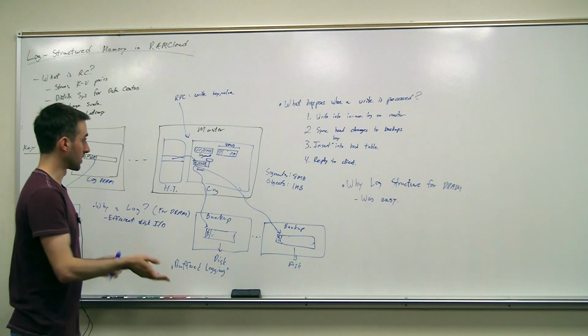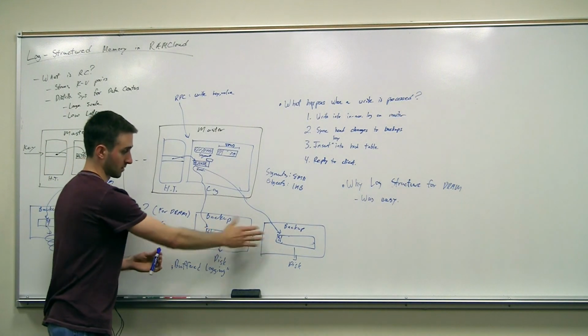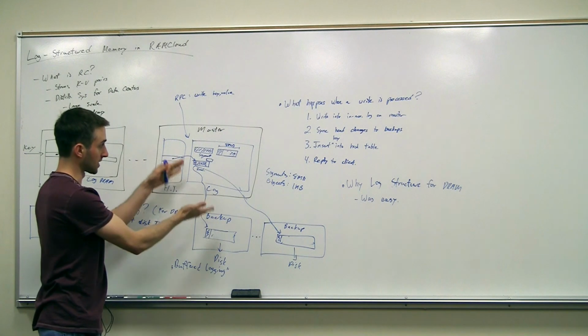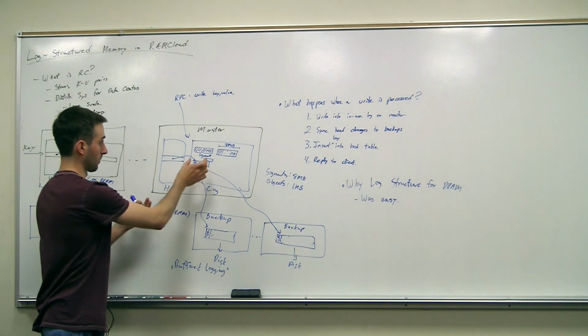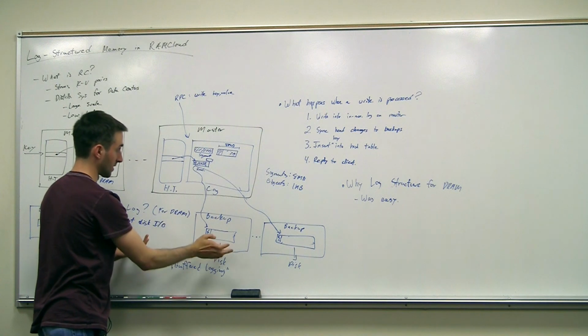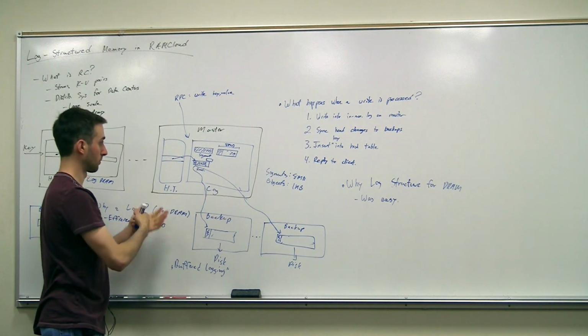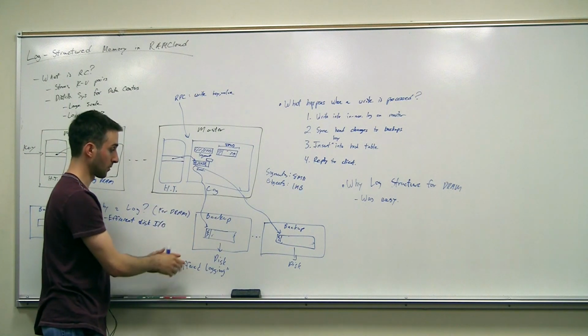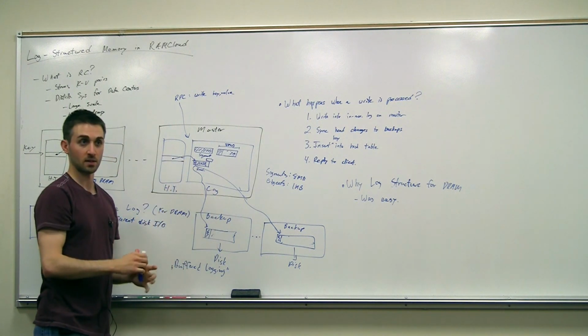In order to do this defragmentation, we have to know what's stored on the various backup disks, and the easiest way to do that is to mirror the same structure. If we have the same segment here as we have stored there, then we can iterate this thing in memory and know exactly what's stored there without ever having to go across the network and suck the thing off of disk.